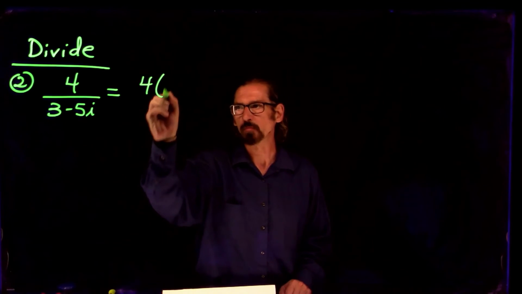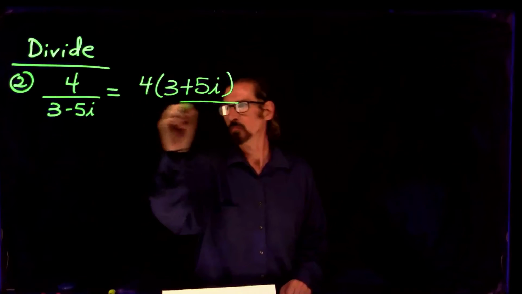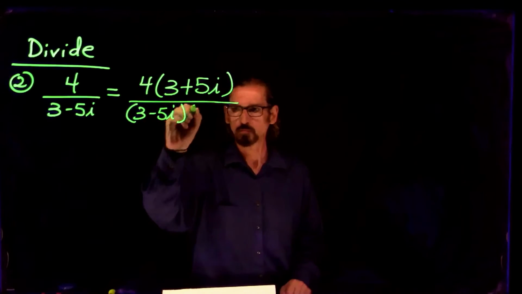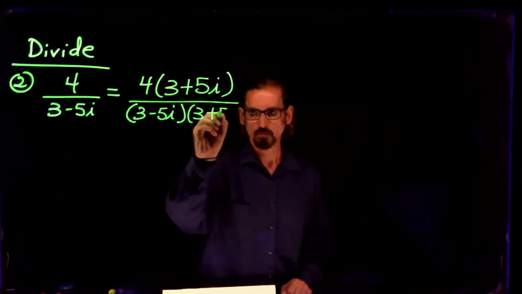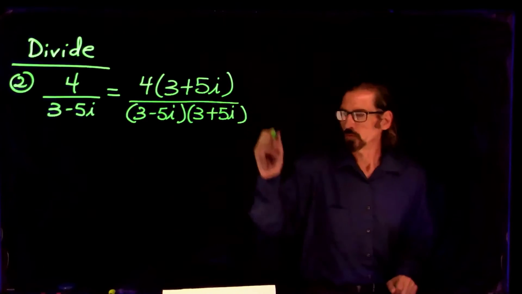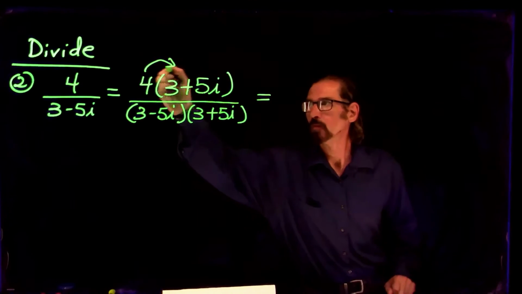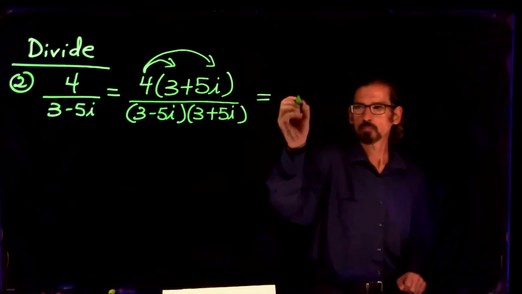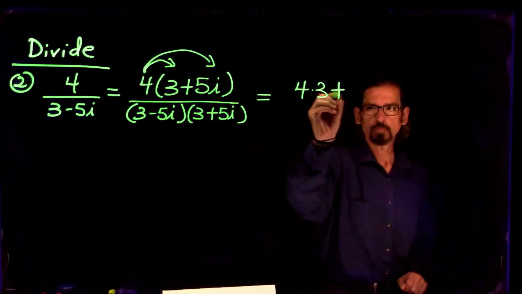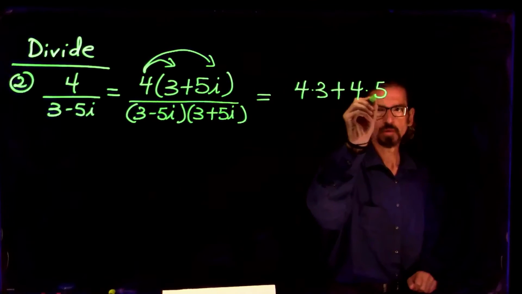So we multiply top and bottom by 3 plus 5i. In the numerator, we're going to distribute the 4. 4 times 3 plus 4 times 5i.